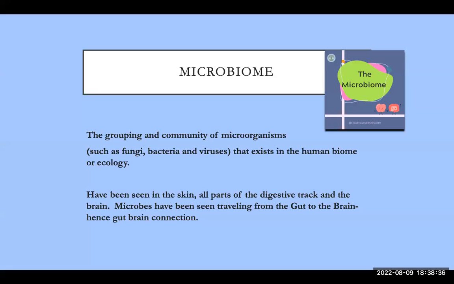The majority of them are in our digestive tract. And in our digestive tract, we have research evidence that these microbes are traveling up and down the vagus nerve, up to the brain, and hence you have the term that you've probably heard of, gut-brain connection. And also microbes make up at least half of our stool in our digestive system.